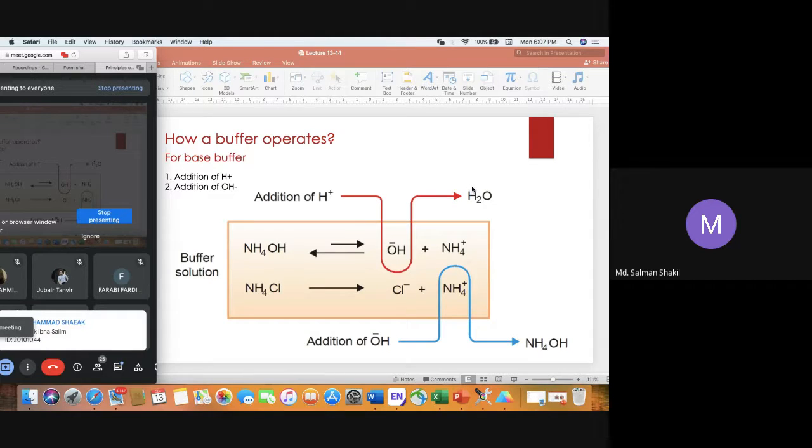When you add the acid, there is an increase of 5,000 water molecules. The total water will not increase that much. The amount is not significant, it is nearly the same amount. So that's why the pH will not change that much.